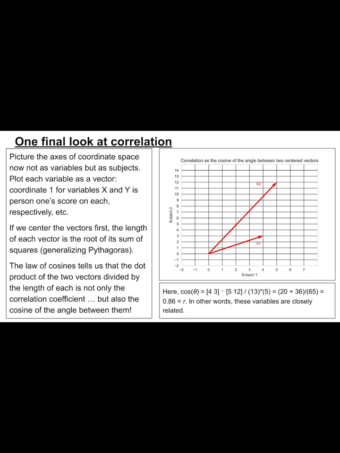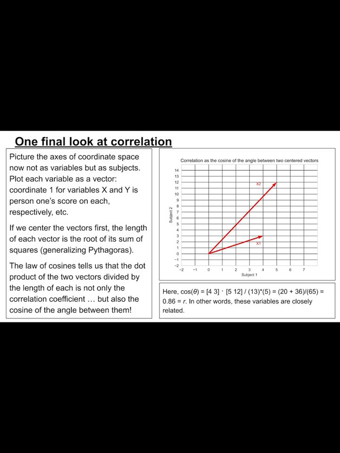The idea is that you can generalize this, and it actually works in 3 dimensions, although 3 dimensions is just slightly less intuitive. And then it works in 4 and 5 dimensions, although we know that those are pretty hard to picture. But the idea is that basically using the law of cosines and generalizing it, again, go see my full video on that if you are interested in this, tells us that the correlation formula in the expression that we saw before, so the dot product of the deviation vectors over the sum of squares, or in other words, the length of one vector times the sum of squares for y, or the length of that other vector, is the correlation formula, but it's also the cosine of the angle between the 2 vectors.